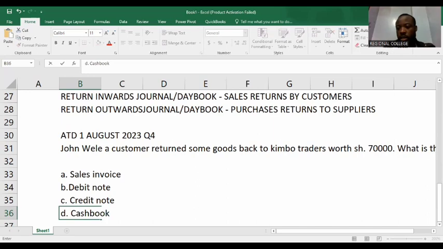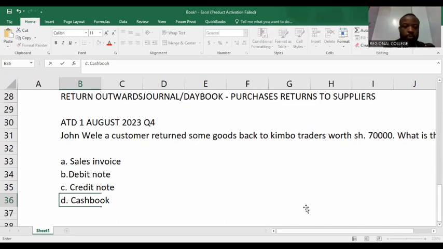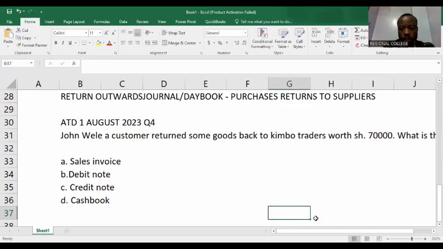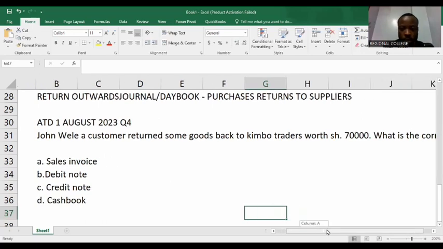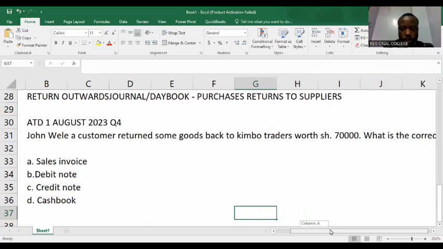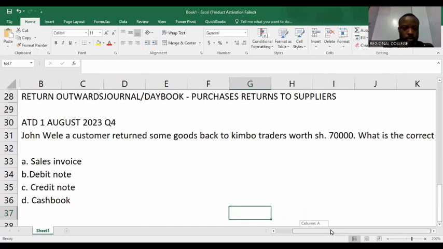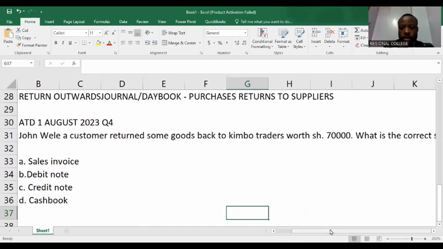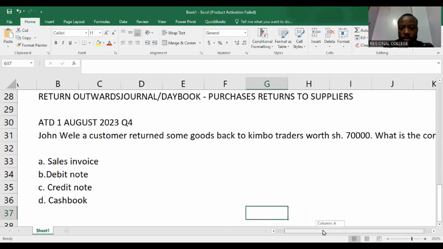So that question is trying to explain to you two things: the journals that are always coming from the source documents.